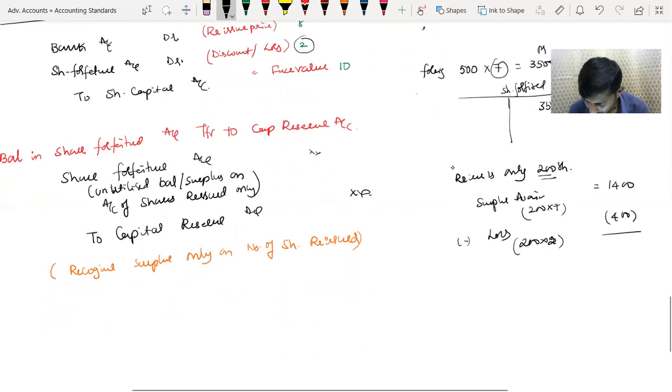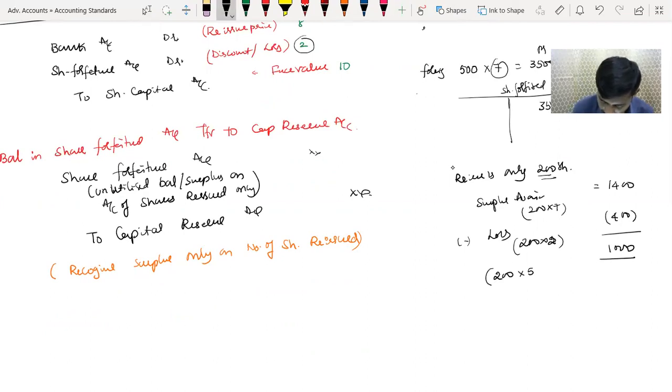Therefore, the surplus is for 200 shares into 5 rupees, which is 1,000. So 400 goes to share capital, which is utilized, and 1,000 to capital reserve account.